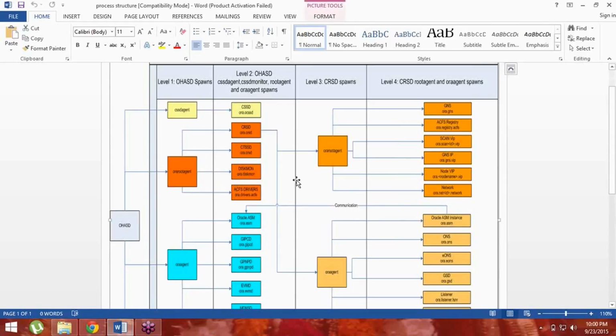Another process, started by the root agent, is diskmon, which is known as disk monitor. Disk monitor is generally responsible for IO fencing in case of Oracle Exadata storage, but it will not generally be used in your general RAC environment. It's used with Exadata, so in this course you will not see this process functioning much. But it will be spawned no matter whether you are working on Exadata or not.